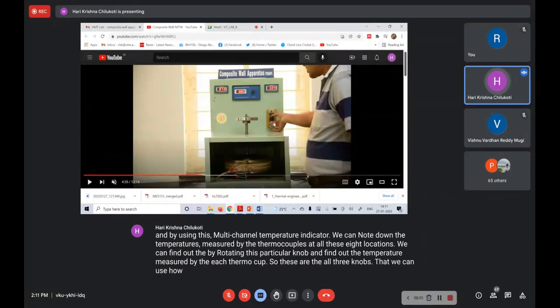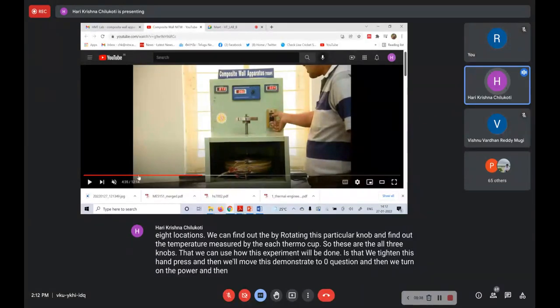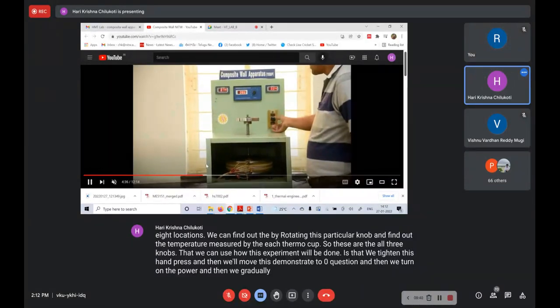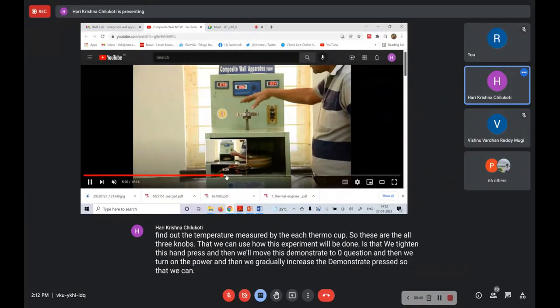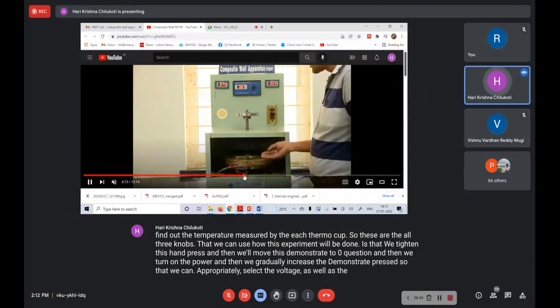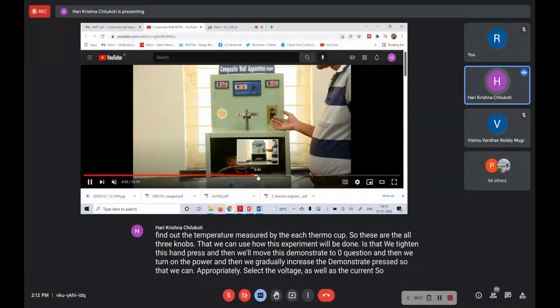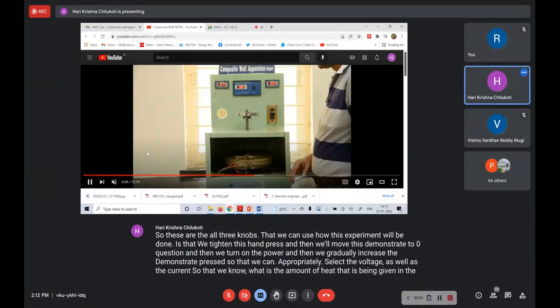How this experiment will be done is that we tighten this hand press, and then we move this dimmer stat to 0 position, and then we turn on the power, and then we gradually increase the dimmer stat, so that we can appropriately select the voltage as well as the current, so that we know the amount of heat that is being given in the heater.